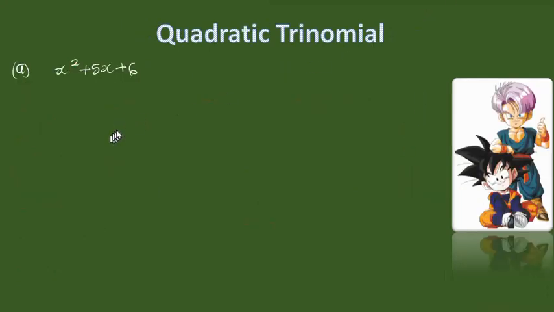So now we are working with quadratic trinomials, and quadratic trinomials are not really that bad. How do you notice them? Number 1, you must have 3 terms. That's how you see them. Then you know this is a quadratic trinomial. And what else?